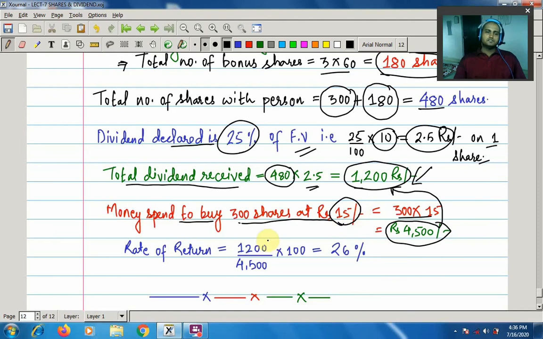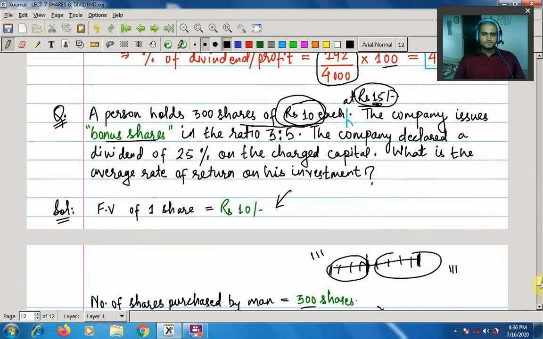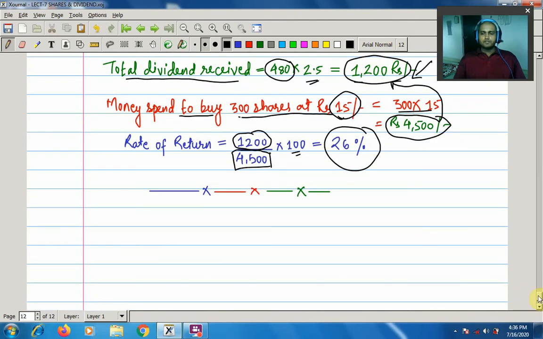And it's easy to convert this profit into profit percent. So this is the profit amount, this is the total money invested into 100, you will get 26%. So 26% is the rate of return for that person.